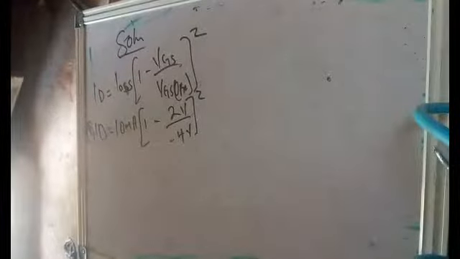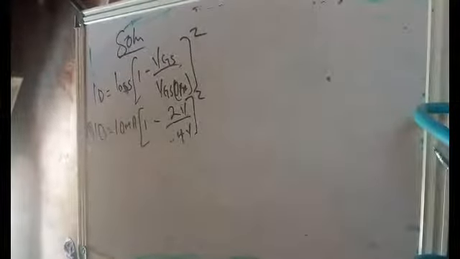Our first VGS we are given is minus 2 over VGS off voltage, which is minus 4 volts, all squared.